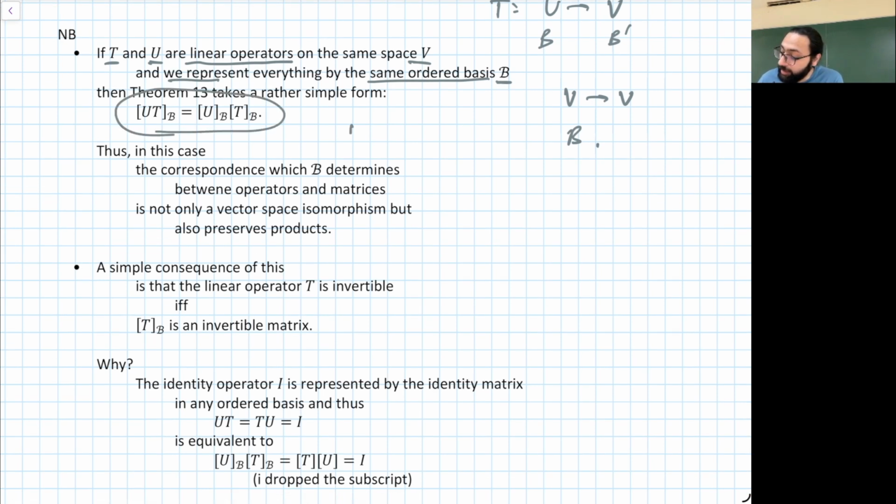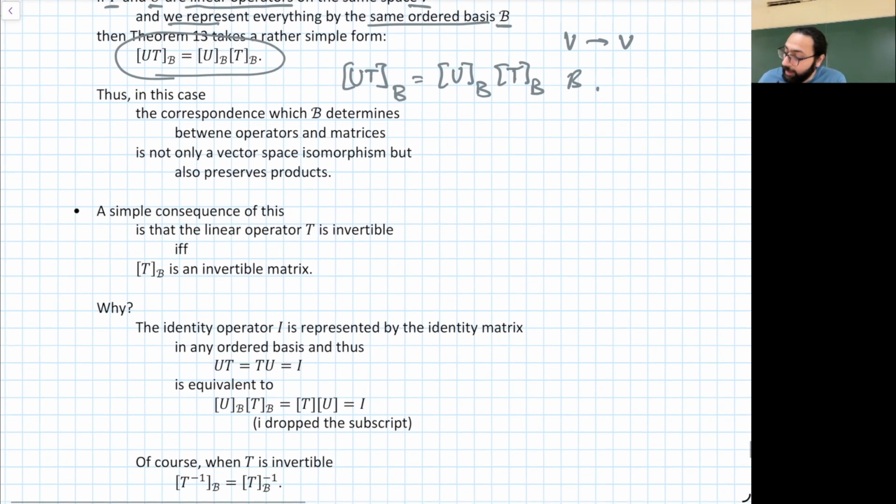The representation of the composition in basis B is the same as the matrix multiplication of the representing matrices for both of these in the same basis. Is that okay? It's a very simple statement. And in this case, the correspondence which B determines between operators and matrices is not only a vector space isomorphism, but also preserves products.